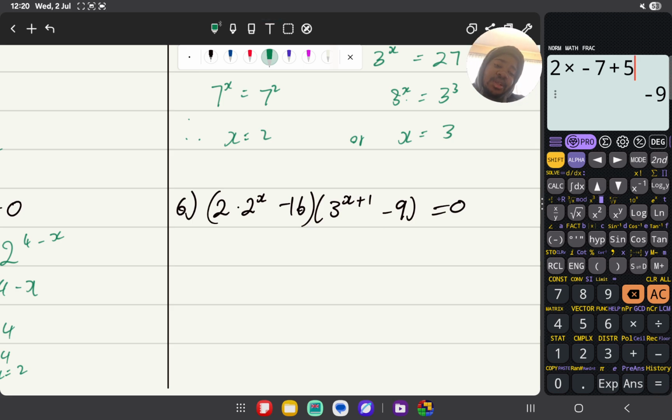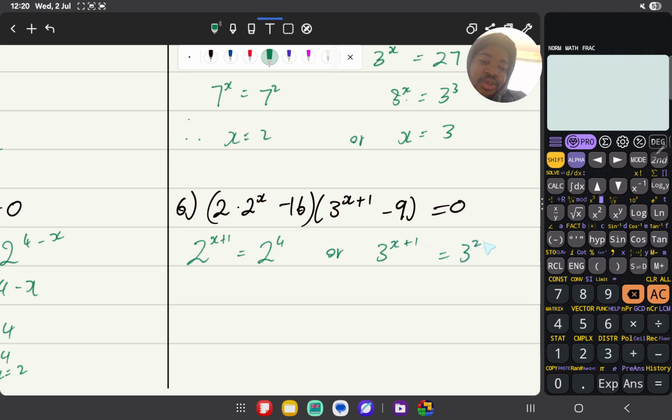We have a similar situation here. Of course, here you could say you have 2 to the power of x plus 1 equals 2 to the power of 4, which is 16. Let's confirm it: 16. Or you're going to have the side 3 to the power of x plus 1 equals 3 squared.